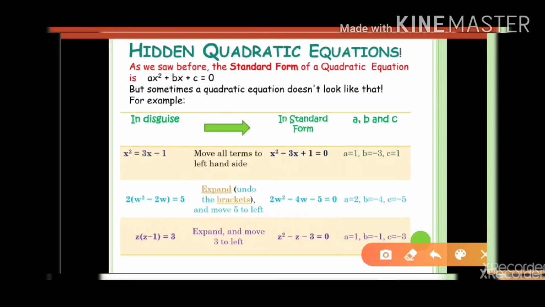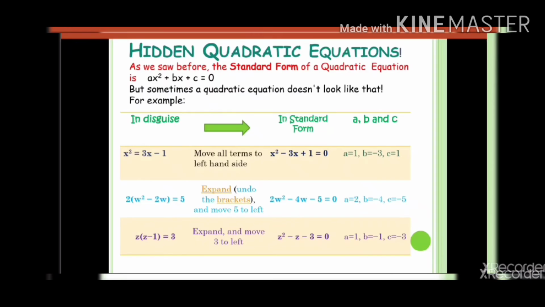Now we take another example. z multiplied by z minus 1 equal to 3. When we remove this bracket, z multiplied by z becomes z squared, and z multiplied by minus 1 becomes minus z equal to 3.